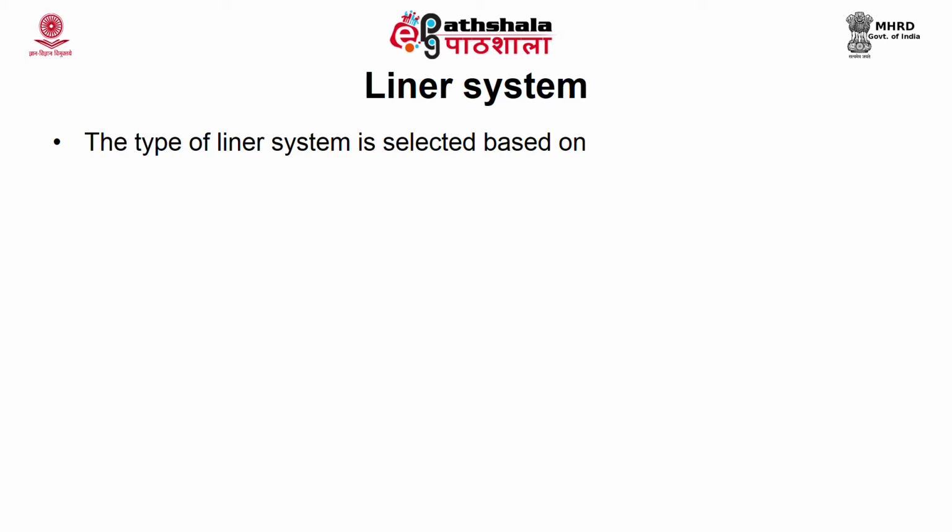Now, the type of liner system, as I told you earlier, is again selected based on certain criteria: the nature and composition of waste, and the cost involved, because the more the layers, the more the cost. So, you have to keep in mind the cost availability, and accordingly you can choose your liner system.